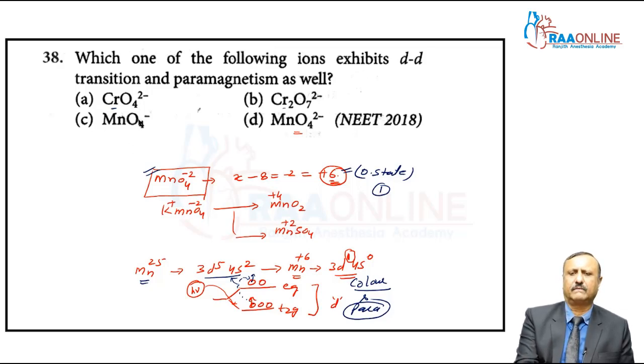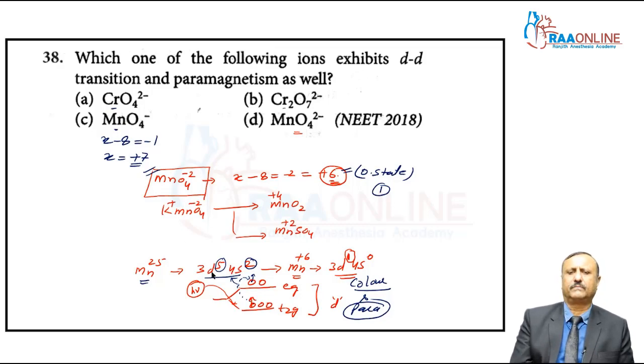In MnO4 minus, with charge minus 1, my dear students, see the oxidation state: X minus 8 is equal to minus 1, so the oxidation state is plus 7. Plus 7 means 5 electrons and 2 electrons are removed from manganese.